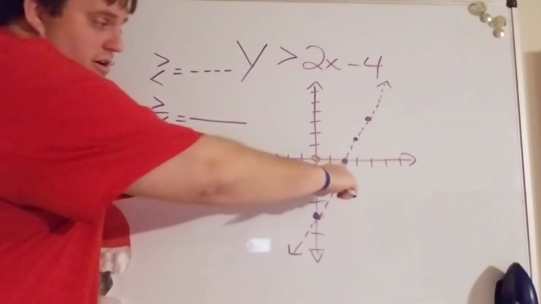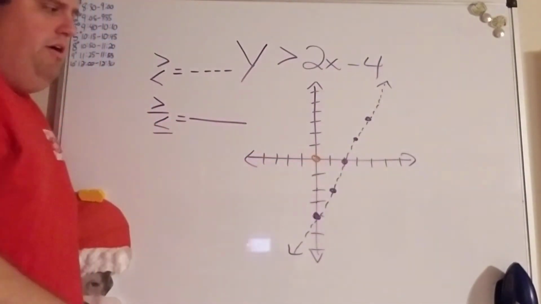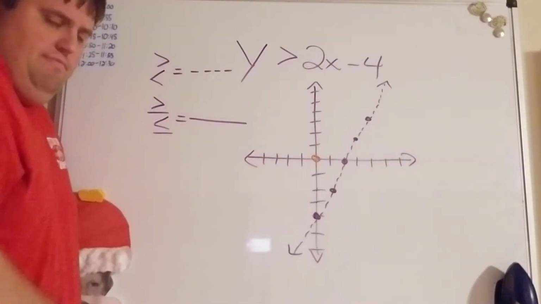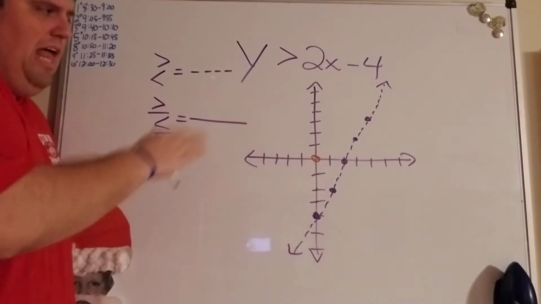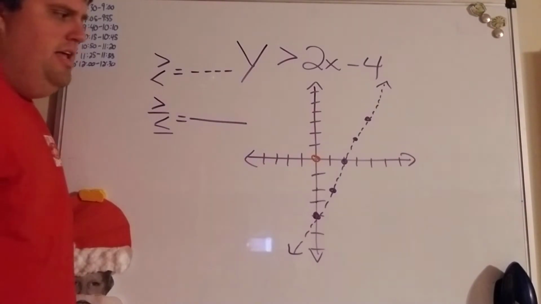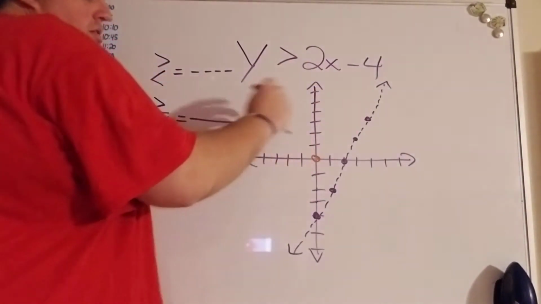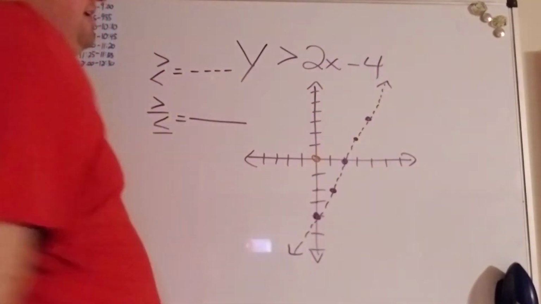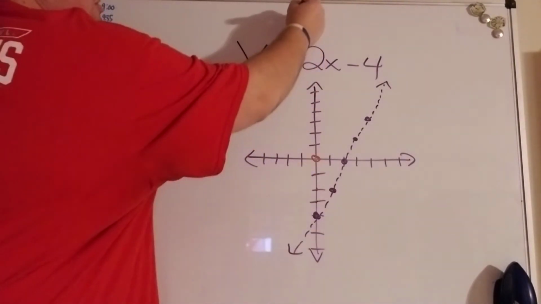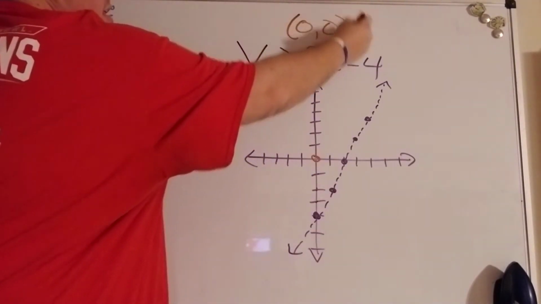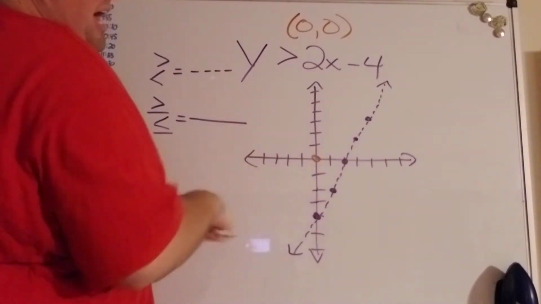So for example here, on 2, 0, don't pick 2, 0, right? That's just a bad point. You want to know one half of your line, one side of your line. So pick one on this side or pick one on this side. But 0, 0 is an excellent choice. So we're going to try 0, 0, and that means we're going to plug 0 in for x, 0 in for y.